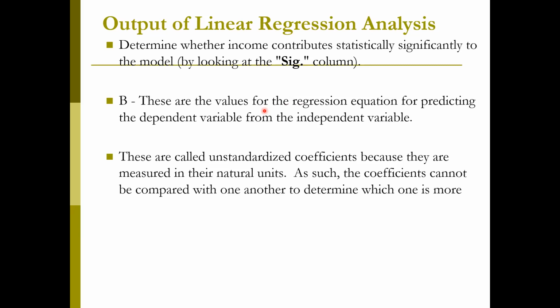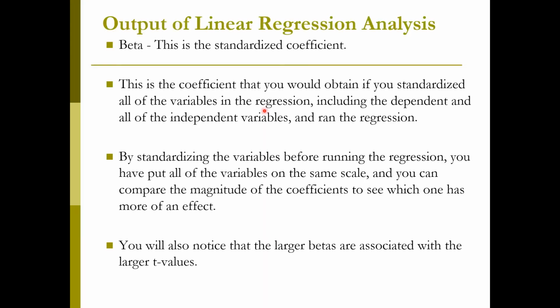And remember, we use the unstandardized. The beta of the standardized is usually used if we want to do some element of comparison. So the beta for the standardized is the coefficient you obtain if you standardize all of the variables in the regression, including the dependent and all the independent variables, and run the regression.